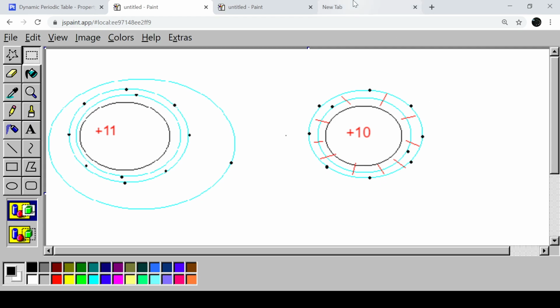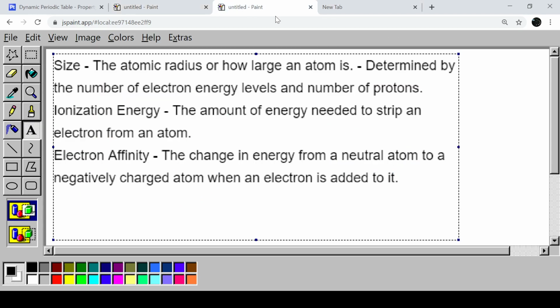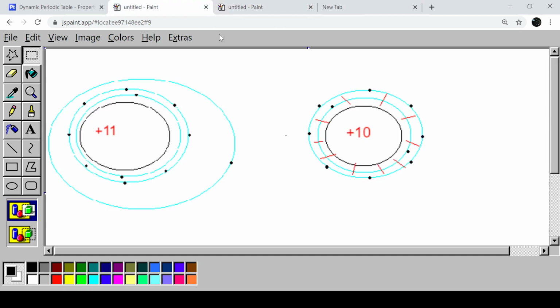All right. Now, we're talking about ionization energy. Ionization energy says that we give energy to these electrons, hoping that we're going to be able to get them to break away from their nucleus. Which one of these atoms seems like there's an electron that has a head start? It's going to be this one here. The larger it is, the more likely you're going to be able to strip an electron off, because this one's already close to the edge.